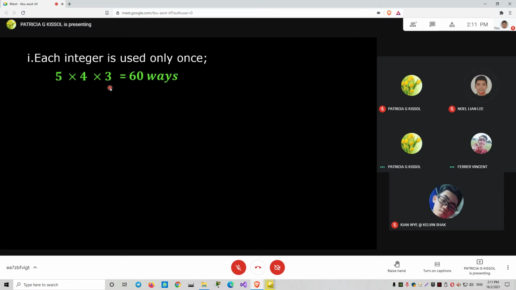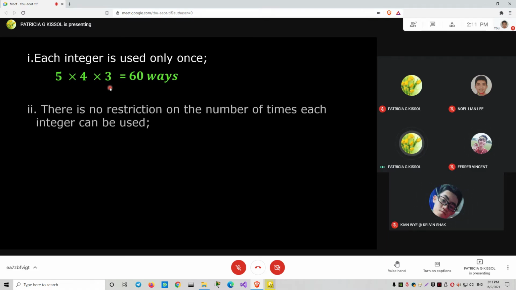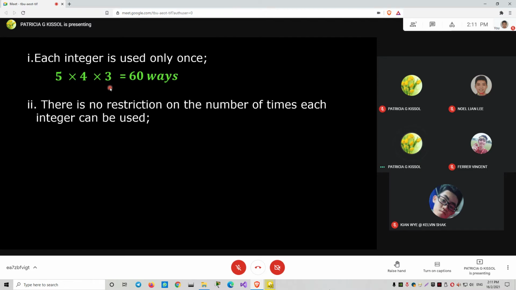No. All right. Now the next one is there is no restriction on the number of times each integer can be used. That means repetition is allowed. So again, we need to choose 3 digits only. So for the first number, there are 5 ways for you to choose from.